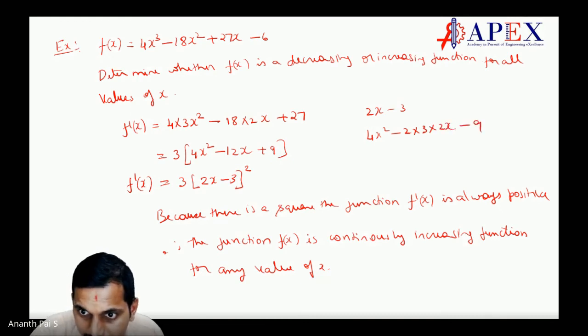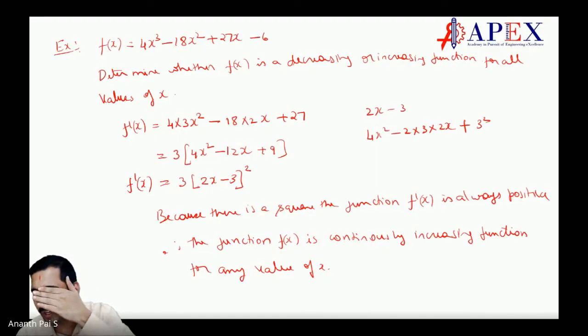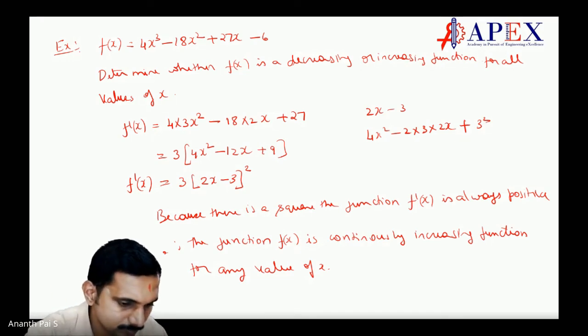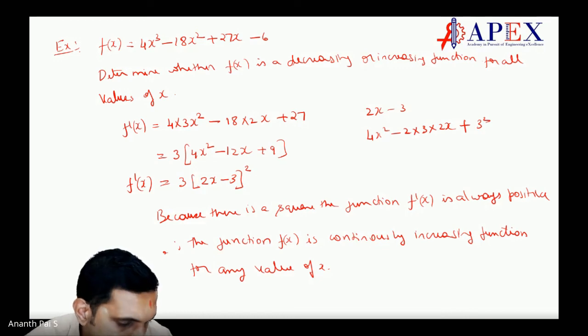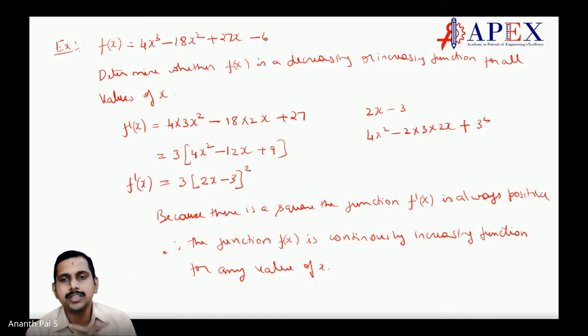Plus 3 square, 9, correct? What is 2 into 3? Sorry, 2 into 3, 6. 6 into 2, 12, correct? So decreasing and increasing function, we can find it out, students.